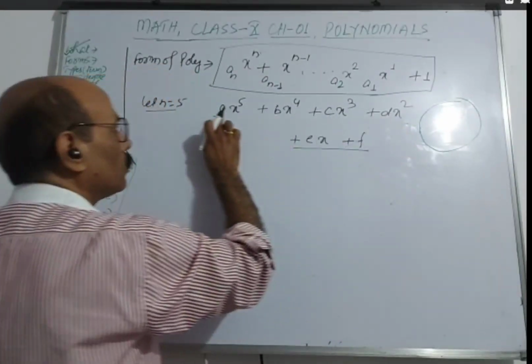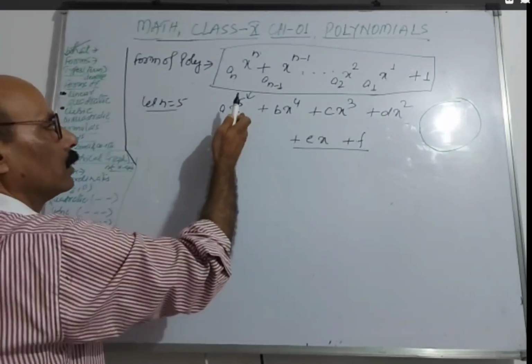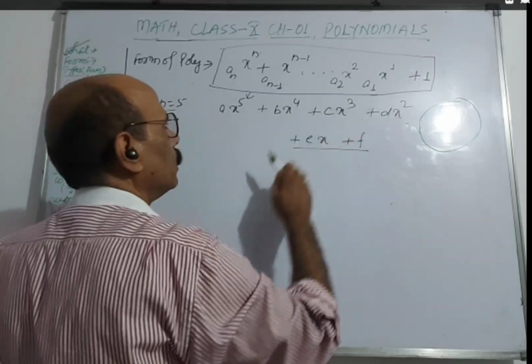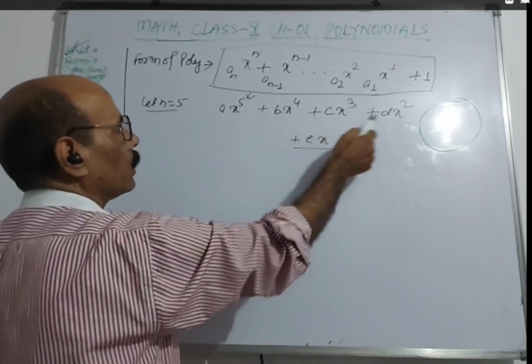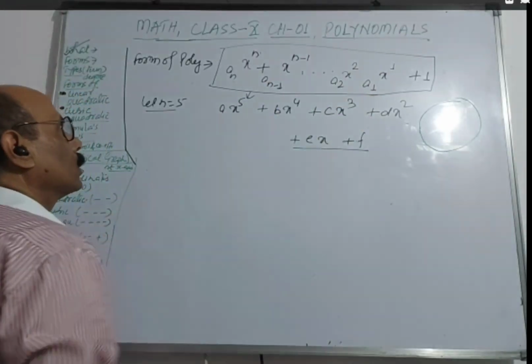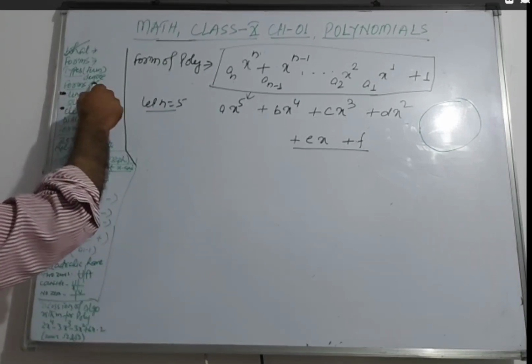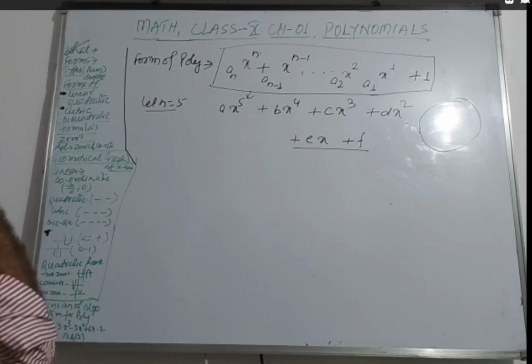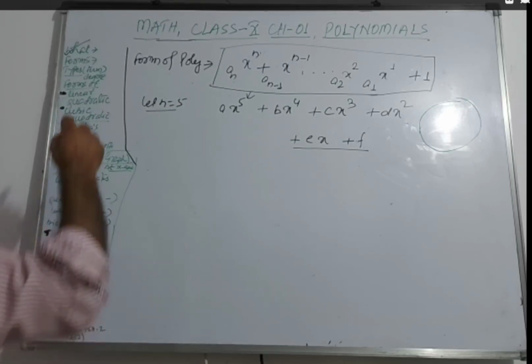When will we write this form? When the exponent is given fixed, then only we can use ABCD. If it is too long, then A1, A2 like this. Okay. This is a form of polynomial. Types of polynomial are by degree, and form of polynomial, linear form, we will discuss later on.